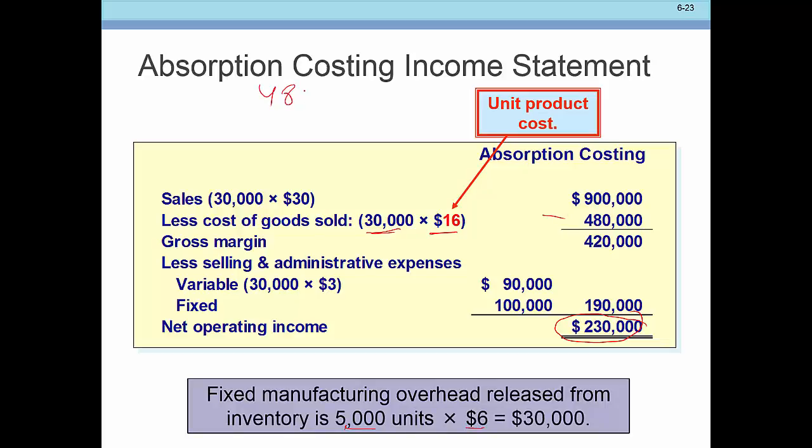So 480 minus the 300 means we've got 180,000 more cost of goods sold we're taking now, aren't we? But that is only offset by a decrease in my fixed expenses of 50,000, isn't it?